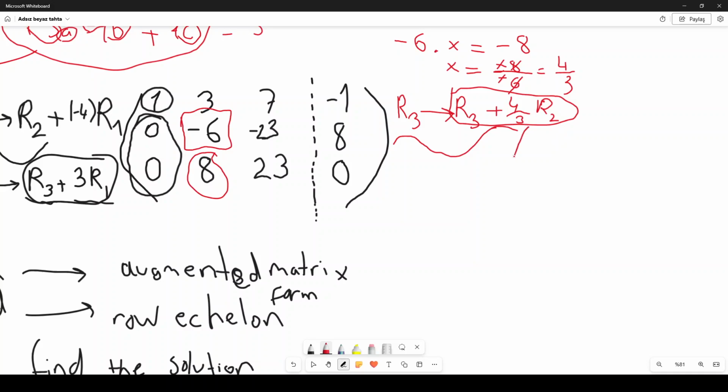And let's see what we got after this change. Okay, now the first row is the same, 1 3 7 and minus 1, and the second row remains unchanged because I have not performed any arithmetic operation on that. Alright, so it keeps its values as it is.